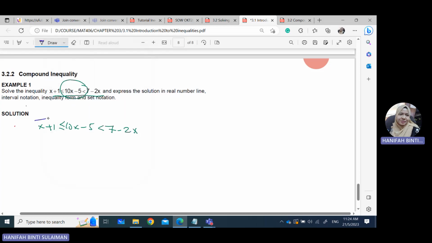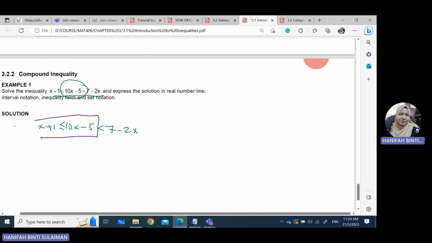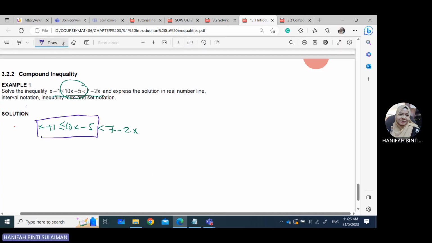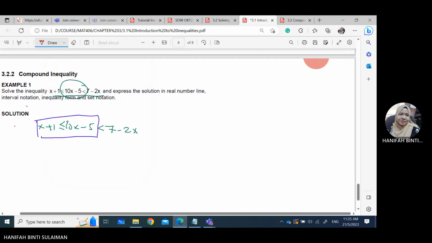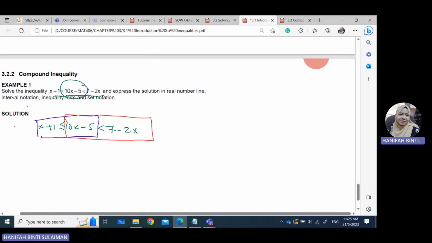The first part we solve for 10x minus 5 is greater than or equal to x plus 1. And the other part is 10x minus 5 is less than 7 minus 2x. Okay, right. So selesaikan.